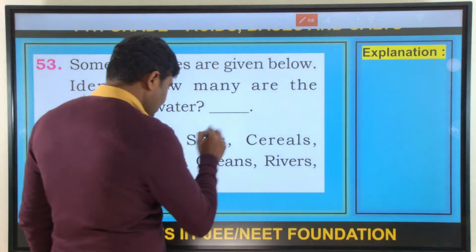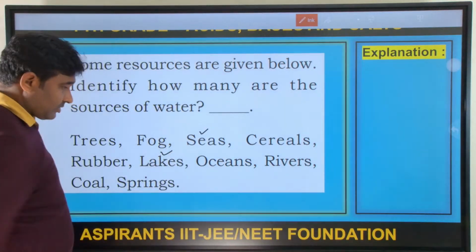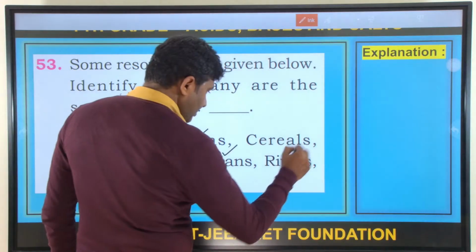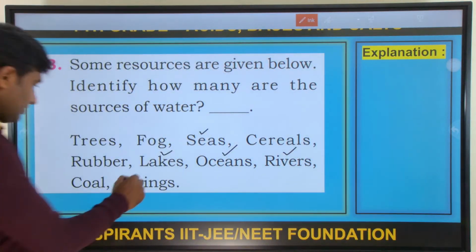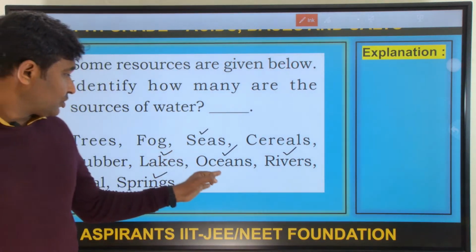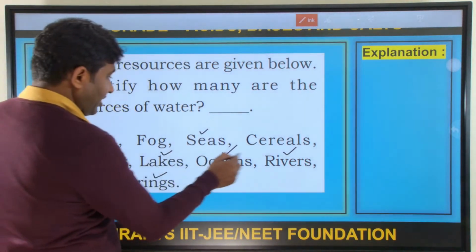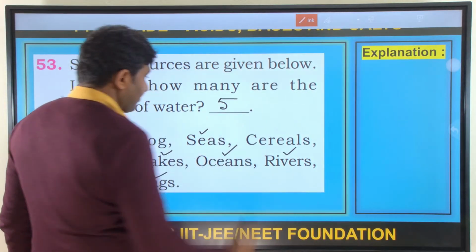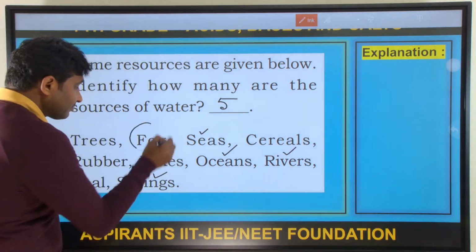Seas, lakes, oceans, rivers, springs are water sources. That is 1, 2, 3, 4, 5. So how many water sources are here? 5. And one more is also there, but it is not common.